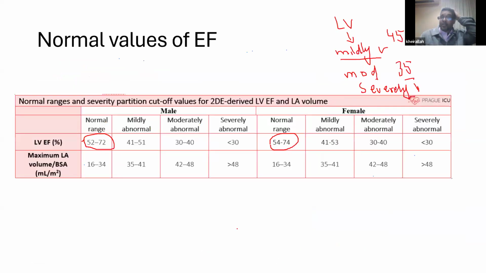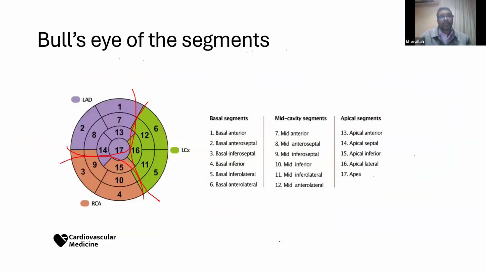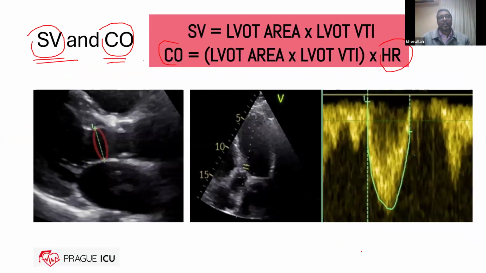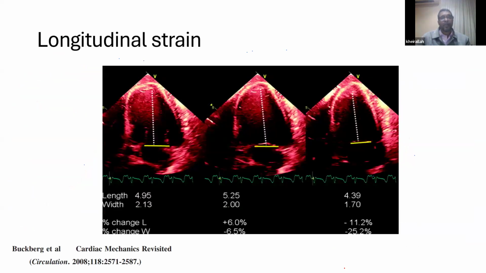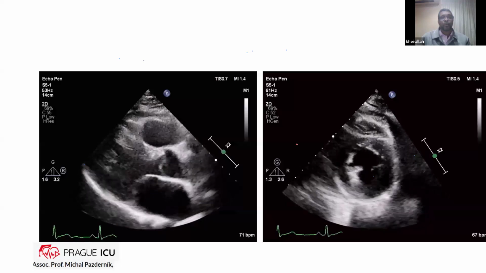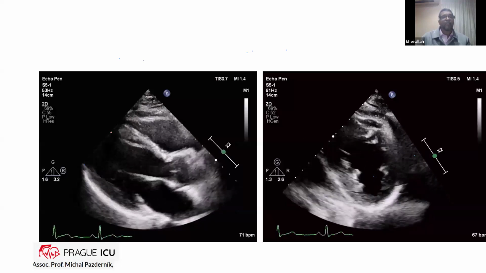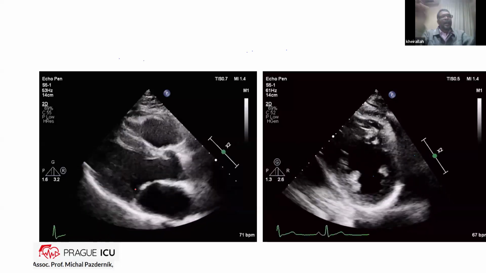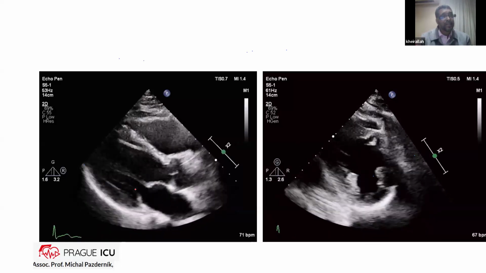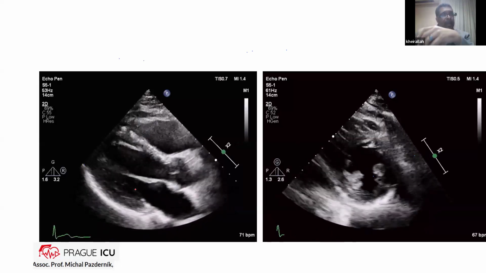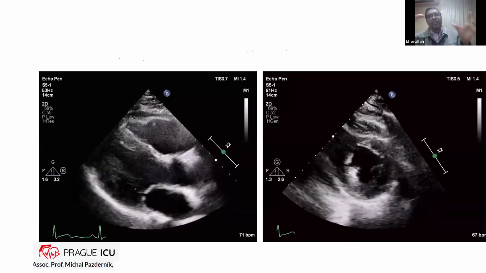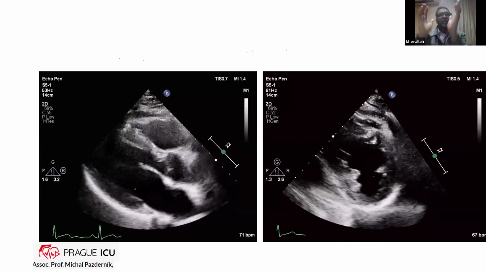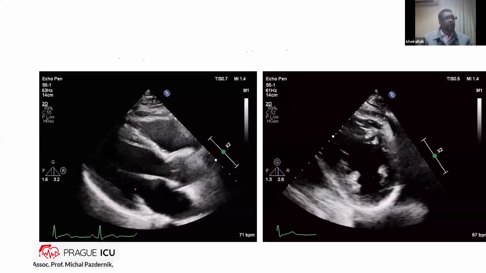And sometimes the use of contrast and the segmentations are important, the 17 segments and how we see them in different orientations, like I have showed you, so that in each and every view you see in echo, you know what segments are here. Like we said last time, in 2D echo, you can never see the heart in its entirety in a single image, never at all.